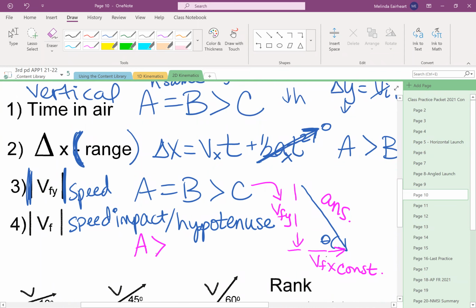Who's next? It's B again, and C is the least, right? C has the smallest vertical component and the smallest horizontal component. And so B is somewhere in between. One of the components is one of the big numbers. One of the components is a small number. And so if you were to Pythagorean all those values, you should get A with the biggest hypotenuse. Good deal on there?